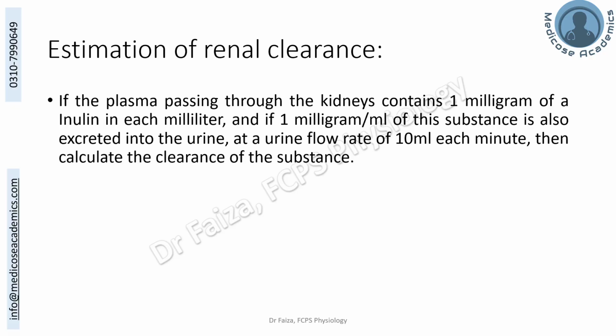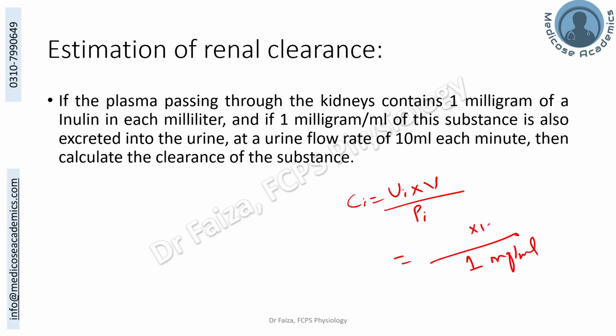This is an example, and you can calculate the clearance of the substance inulin based upon the values given. You just need to multiply these values and find it. So let's put in these values. Plasma concentration is 1 milligram per ml.